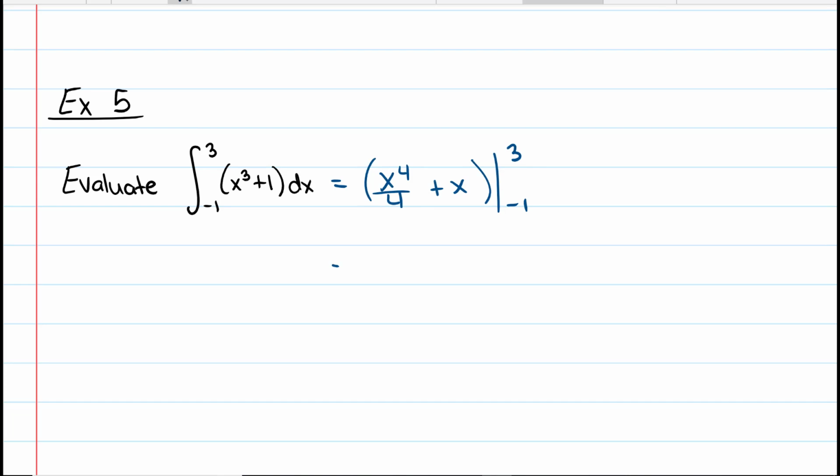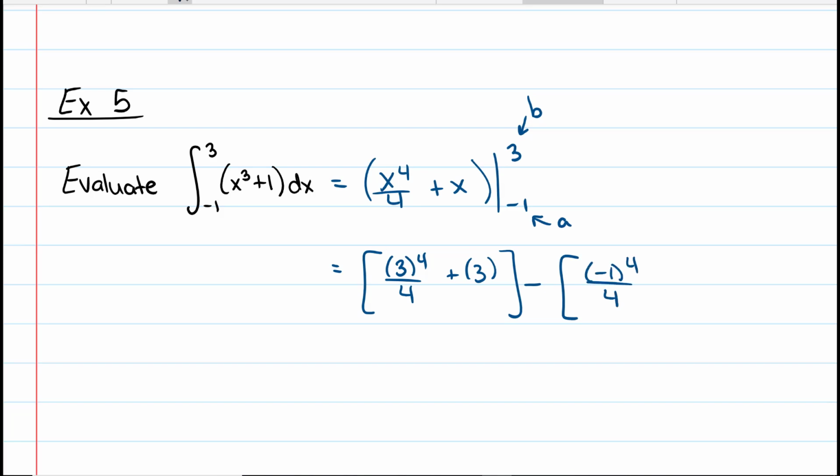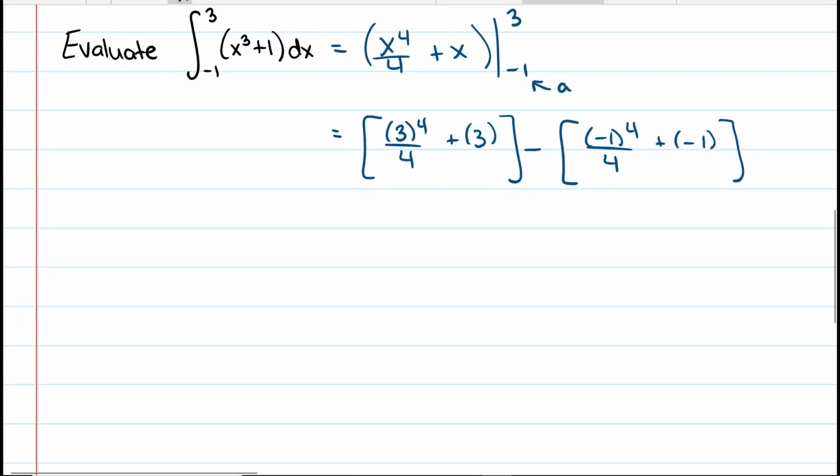So now you solve this by taking the upper limit, which is b, and substituting it in for x. So you get 3 to the 4th divided by 4 plus 3, and subtracting it from the antiderivative evaluated at point a, which is -1. So -1 to the 4th over 4 plus -1. And then we just work that out.